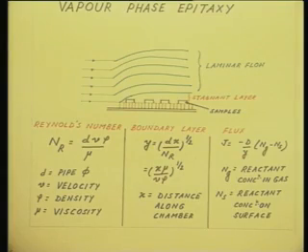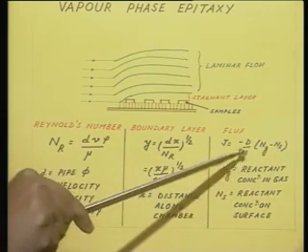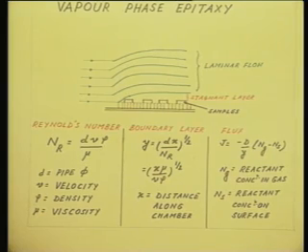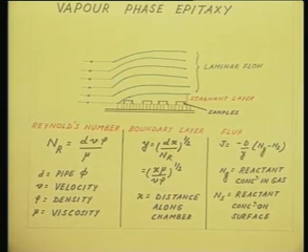Finally, we have the equation governing the flux. The flux is simply given by, there will be a directional movement when there is a concentration gradient. Okay. So, this is the concentration gradient, Ng minus Ns divided by Y. Ng is the concentration of the reactants in the gas, Ns is the concentration of reactants on the surface.